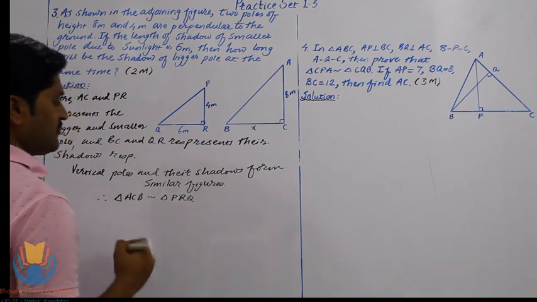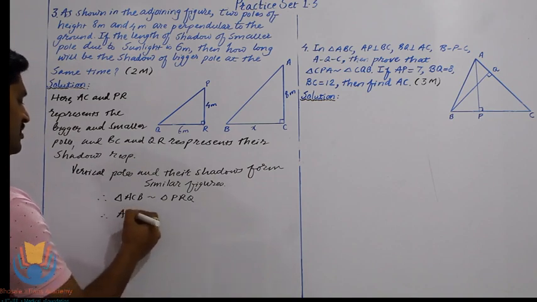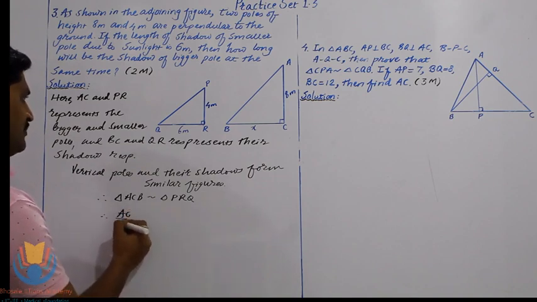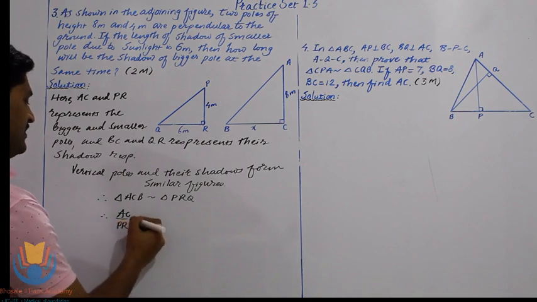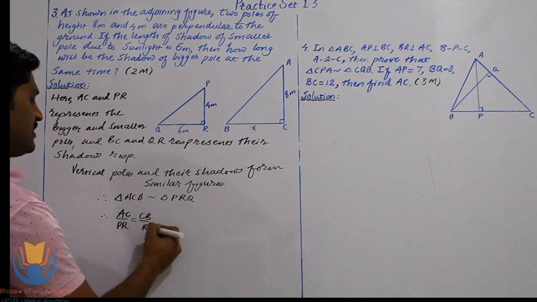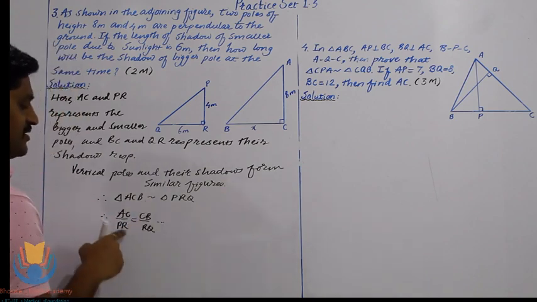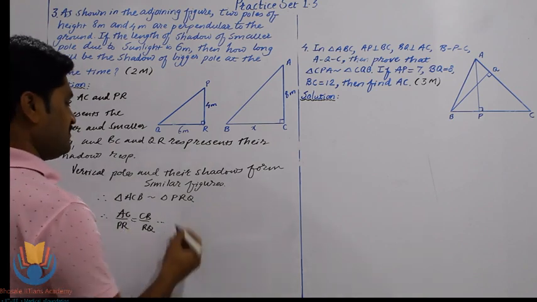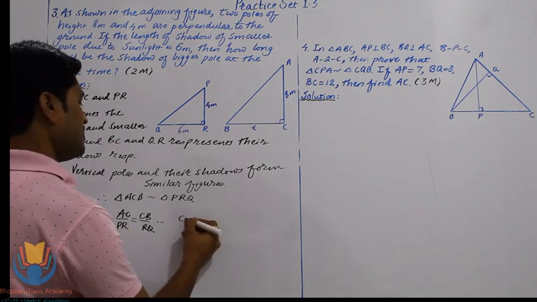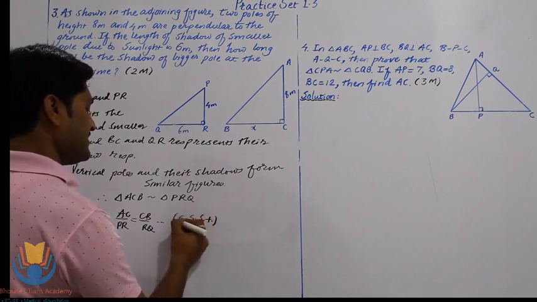So we will take the ratio of corresponding sides of those two triangles. Therefore AC upon PR is equal to CB upon RQ, and as we already know, when two triangles are similar, their corresponding sides are in proportion. So here we'll write the reason: corresponding sides of similar triangles, that is CSST.